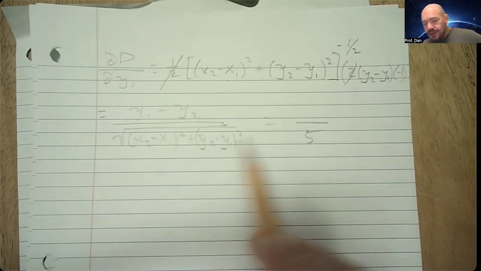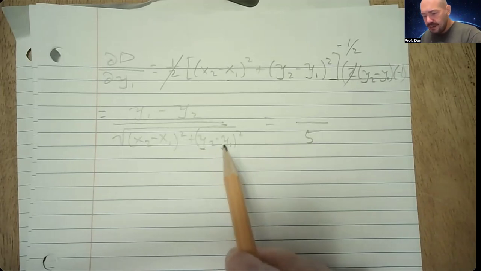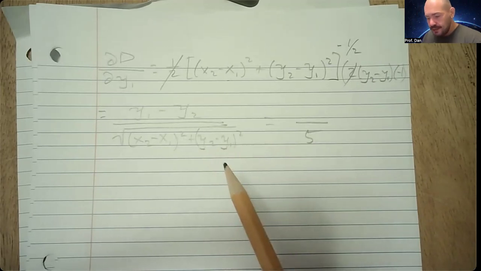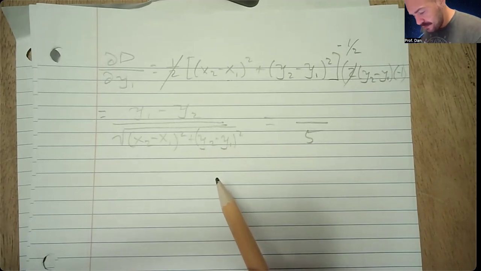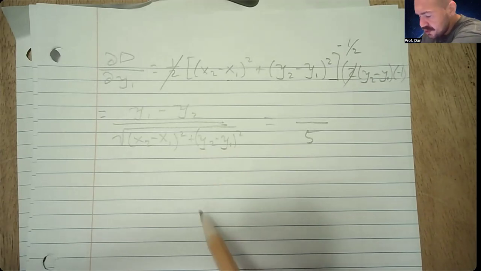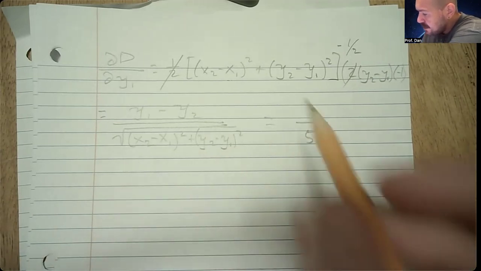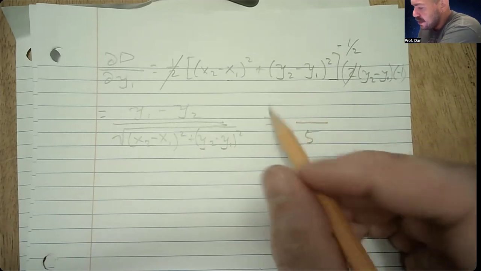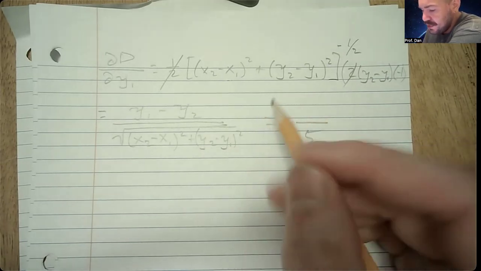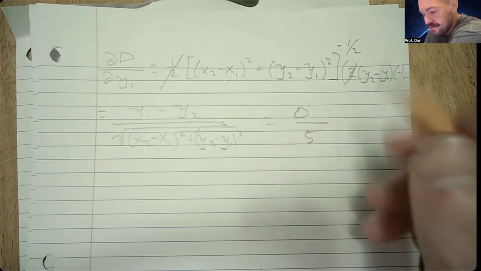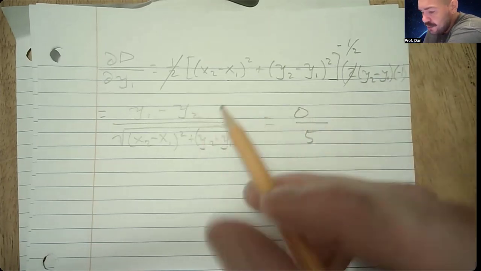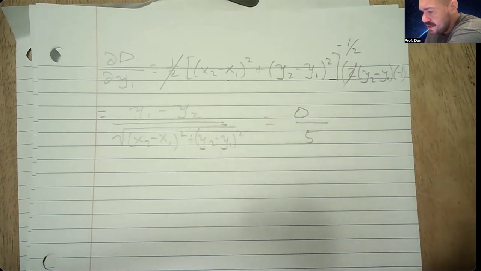All right, but with y1 and y2, we do need to figure out what the coordinates are when t is equal to pi. So if I go back and look, y1 is 2 sine of t. So 2 sine of pi gives me 0. For y2, we have 3 cosine of 2t.